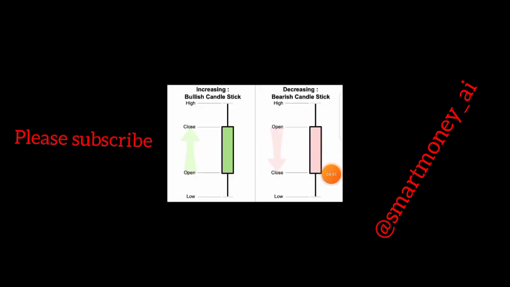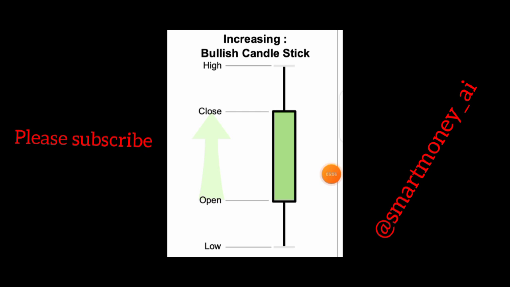Okay, so here I have a bullish candle and I also have a bearish candle. The bullish one is the green on the left side, while the bearish one is the pink color on the right side. So when we take only the bullish candle, whenever you see one, this is the message it's conveying to you.